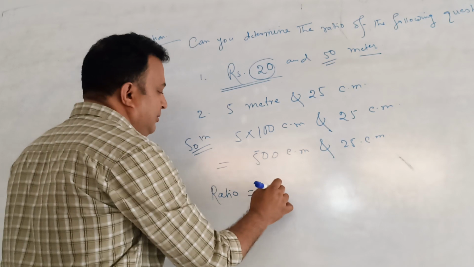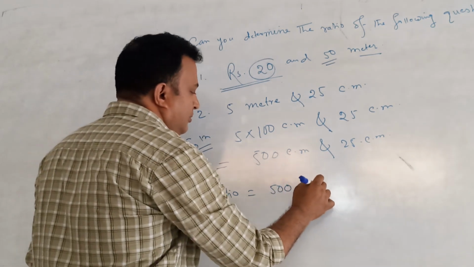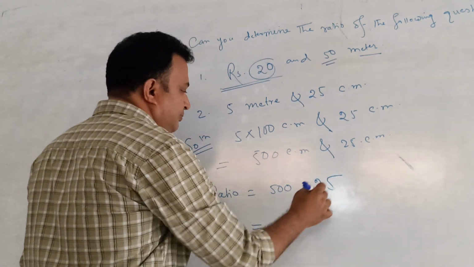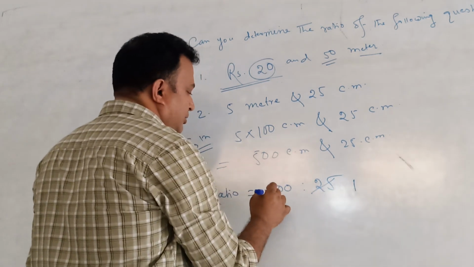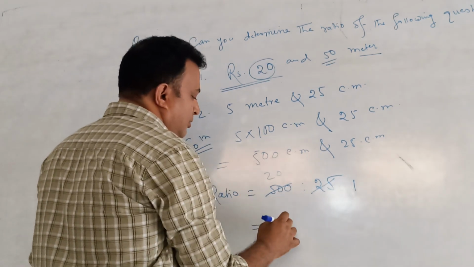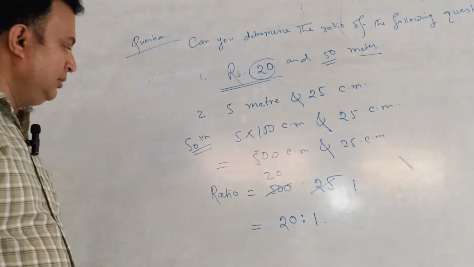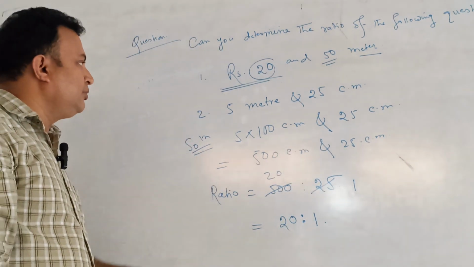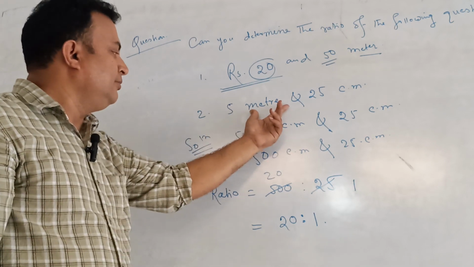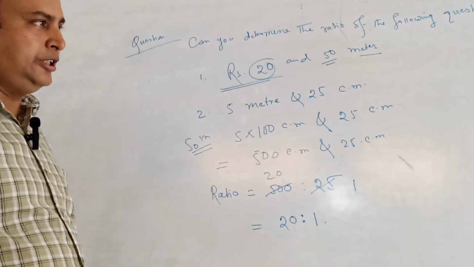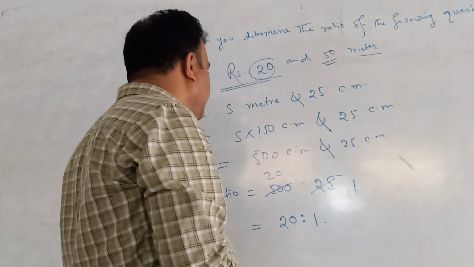Ratio is equal to 500 is to 25. 25 on the 25, 20 is to 1. So it can be converted to a ratio. It can be determined.